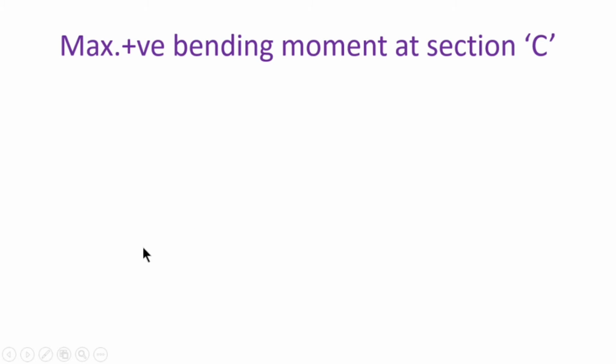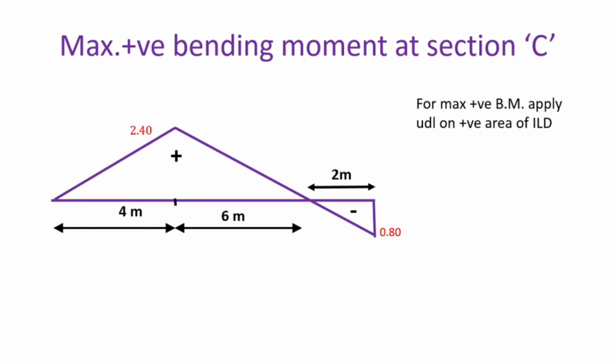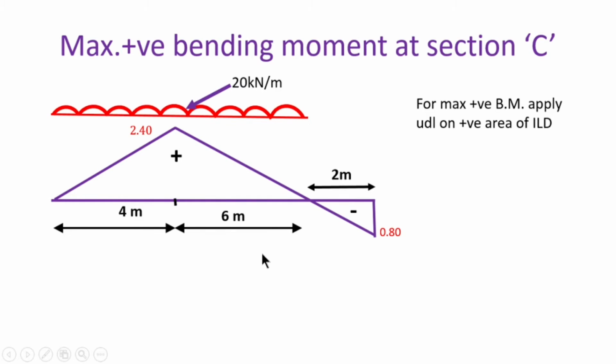The next is the calculation of the maximum positive bend moment at section C. So this is our ILD. For the calculation of maximum positive bend moment, apply the UDL over the positive area. So 4 plus 6, this 10 meter length, is the positive area. So apply the UDL on the positive area, and the intensity is 20 kN per meter. We consider only the positive area.